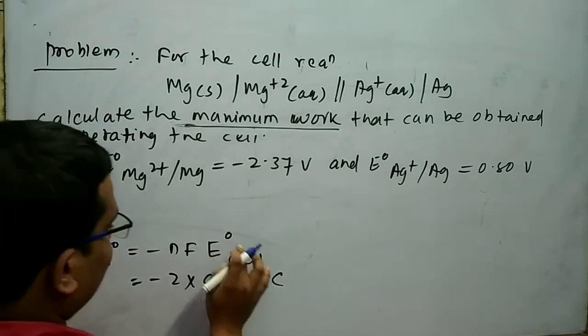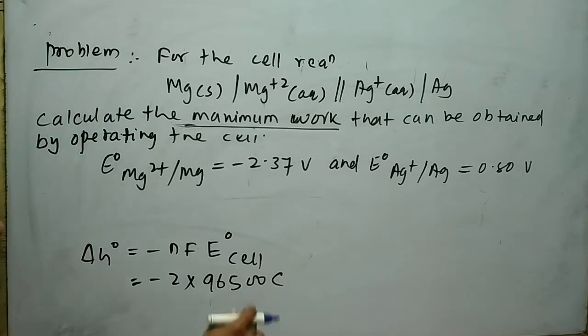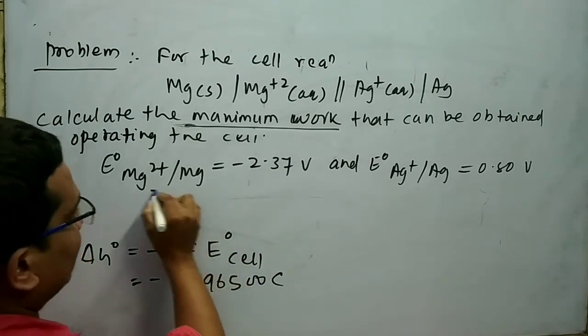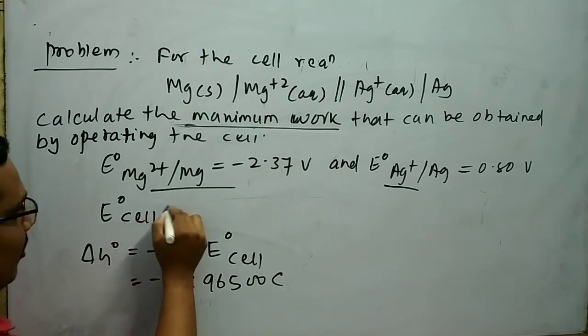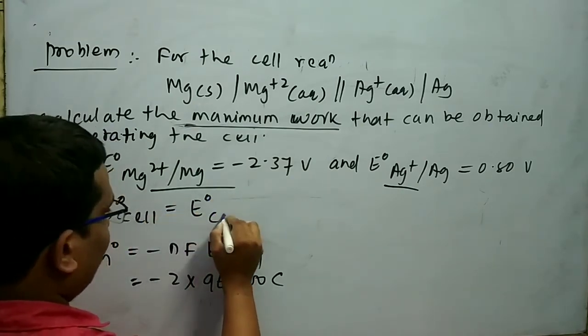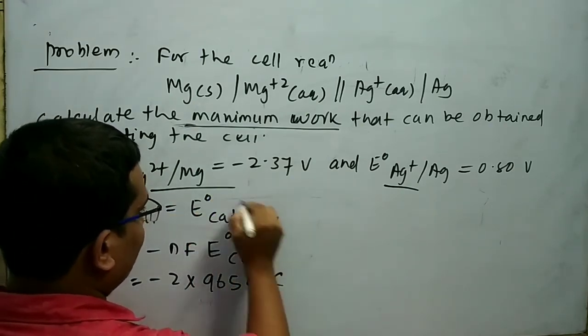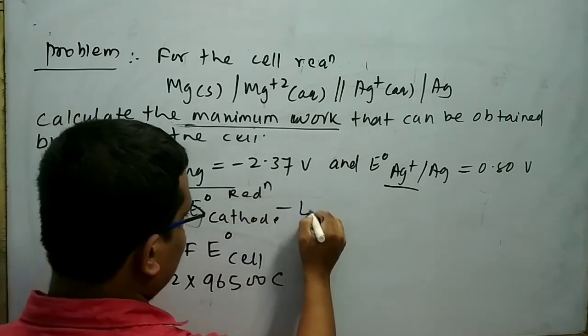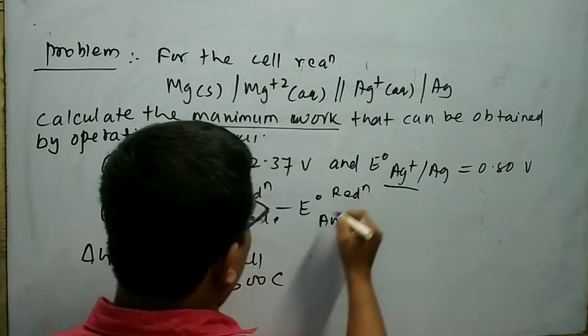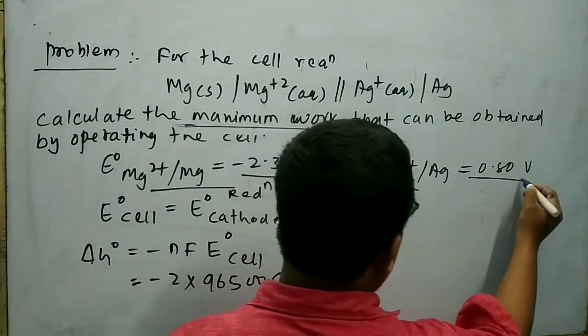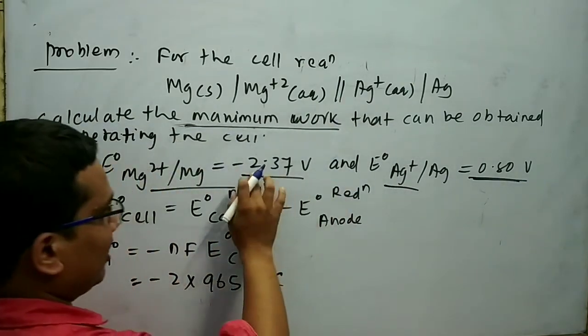The value of E0 cell is not given. For calculation of this value, these two data are given. We know that E0 cell equal to E0 cathode reduction minus E0 anode reduction. Among these two values, this value is larger than this value.